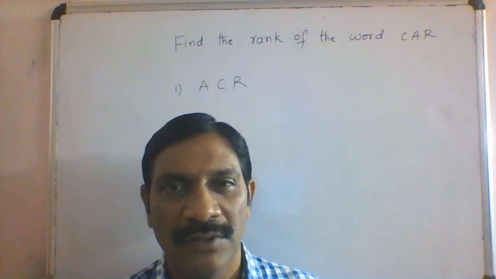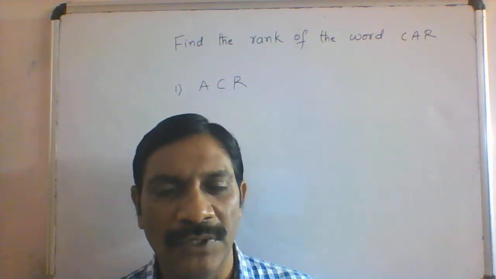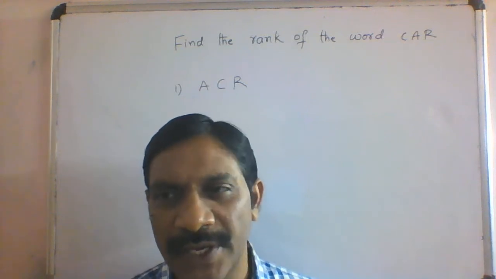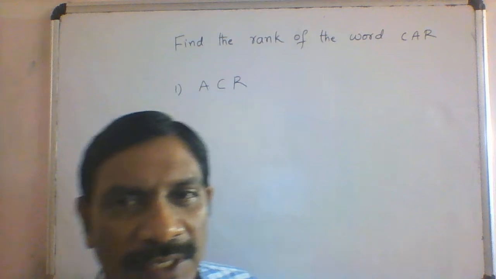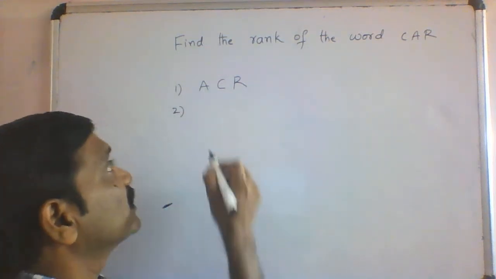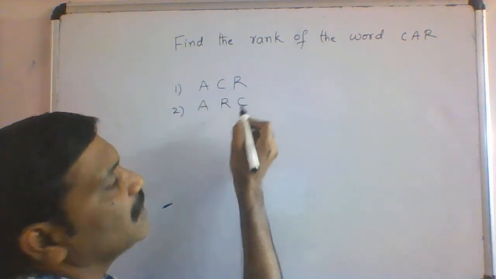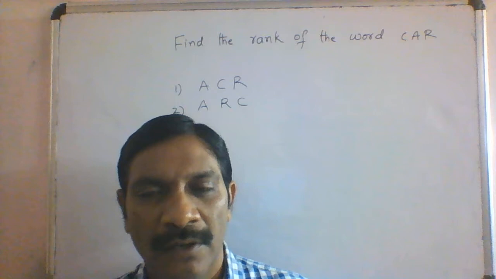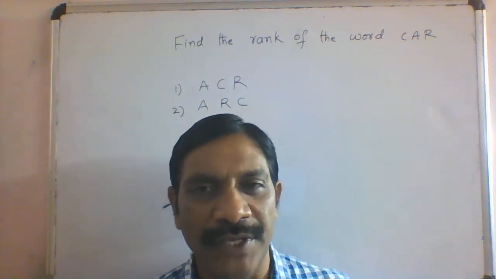So first of all, I have to finish all the words starting with A. I wrote the first word starting with A, and the second possibility is to interchange them, A R C. All the words starting with A are over now.